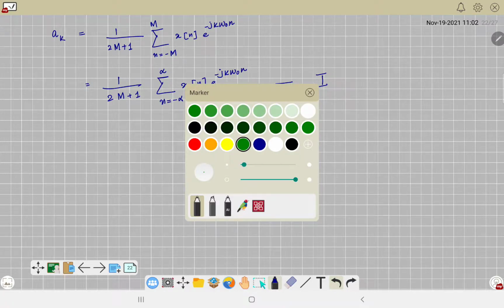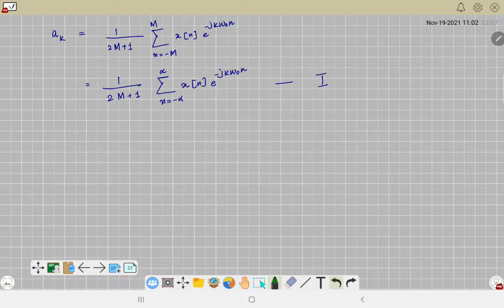Now I will define a continuous function of frequency, X of e raised power j omega naught, as this expression, which runs from minus infinity to plus infinity, x of n e raised power minus j omega naught n.